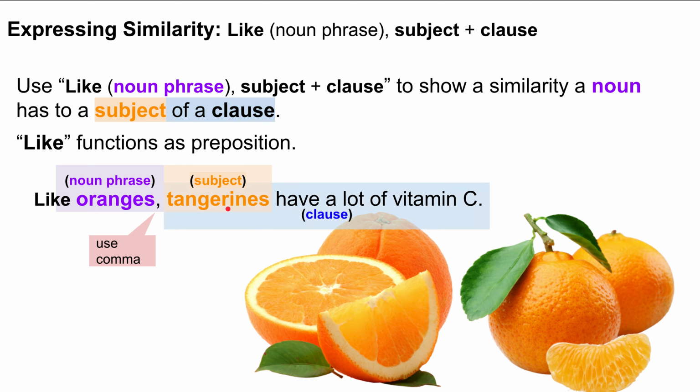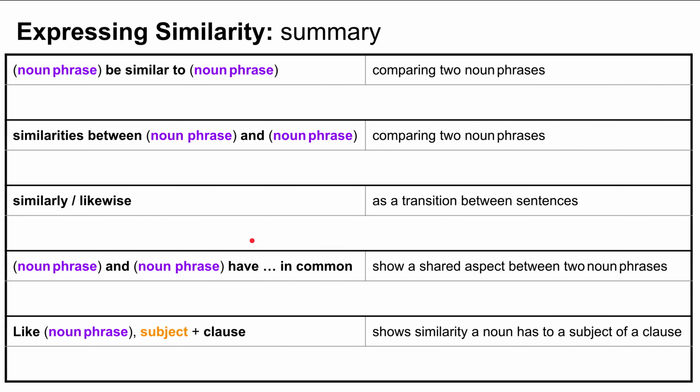Tangerines have a lot of vitamin C is my clause. Again, you can see that here I am showing that oranges, my noun phrase, has a similarity with tangerines, the subject of a clause.